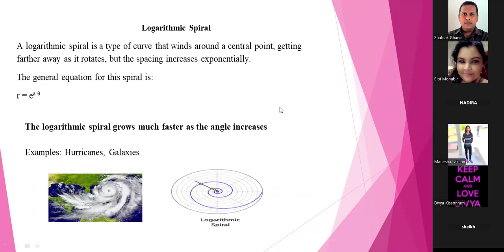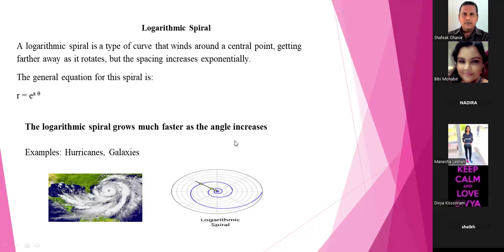The next type of spiral we'll be looking at is the logarithmic spiral. The logarithmic spiral is a type of curve that winds around a central point, getting farther away as it rotates, but the spacing increases exponentially. We have the general equation for the formula, which is r is equal to e to the a theta power.